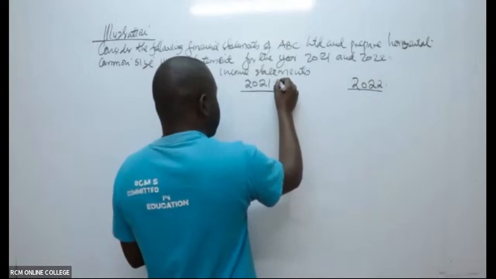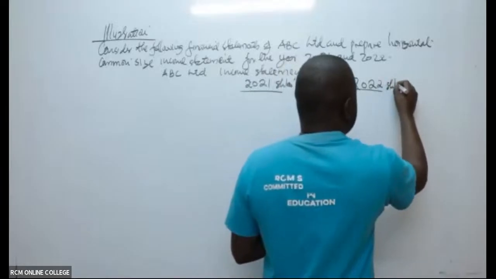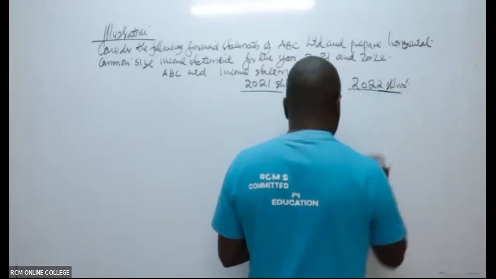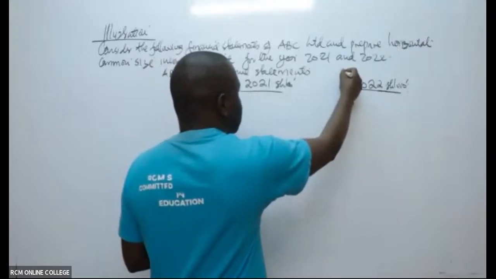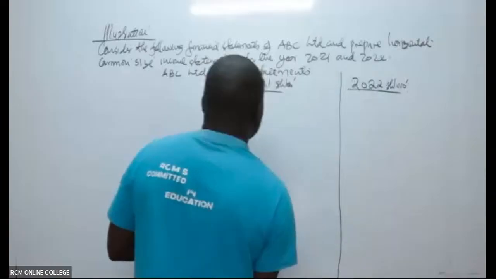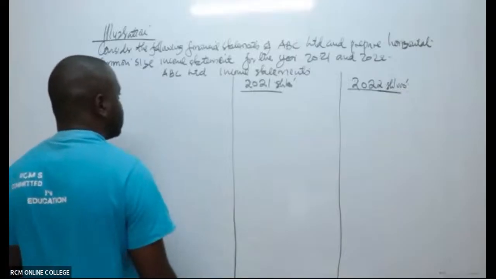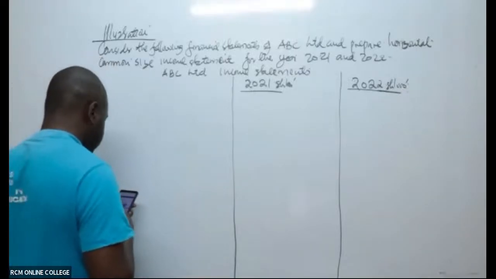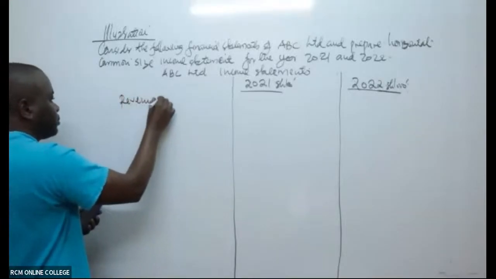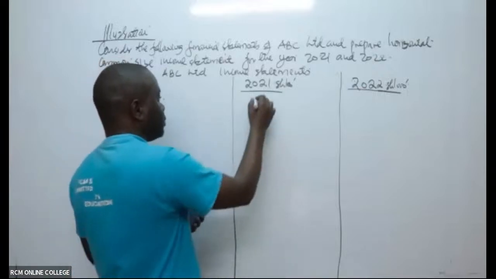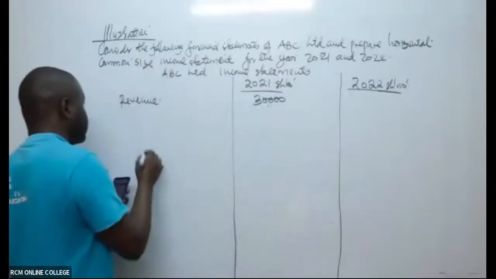Our shillings are in thousands. Then you can start with the revenue. Revenue is 30. That is the first item. Then cost of sales.